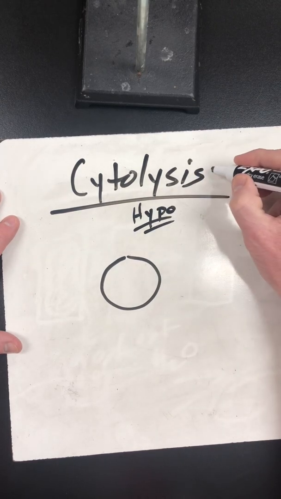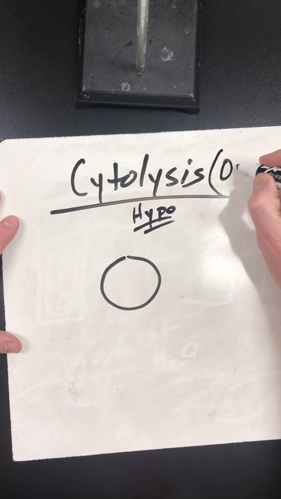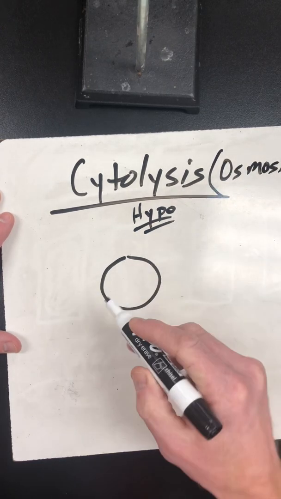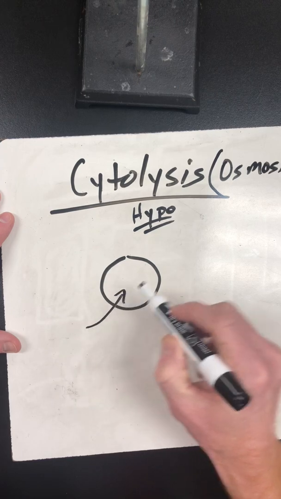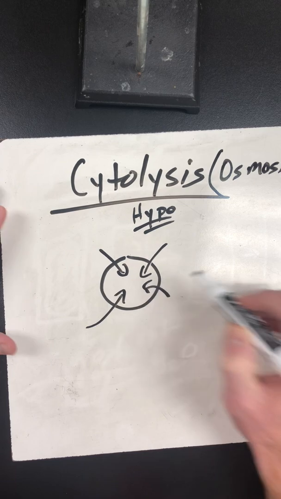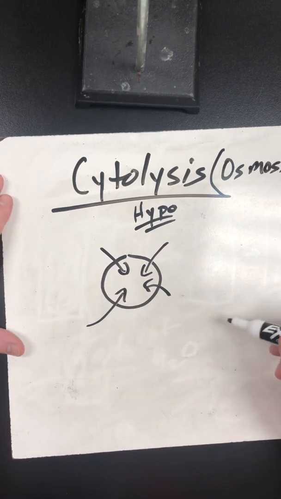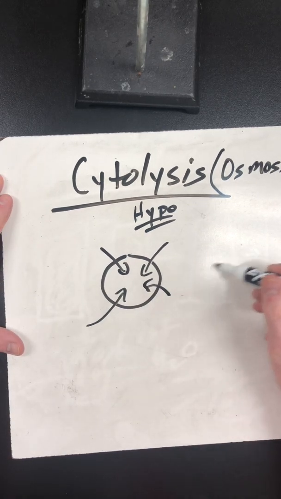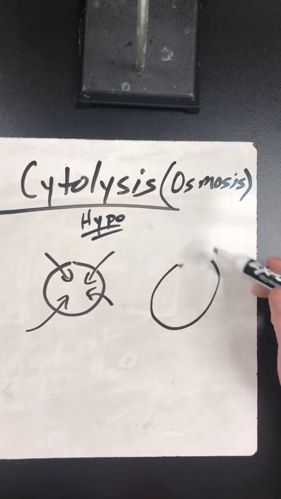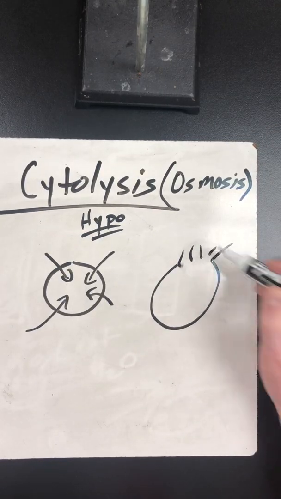And remember, cytolysis is a result of osmosis, so this is a type of passive transport, okay? If it's in a hypotonic environment, I surround it with water, water is gonna rush in from all directions. If this is not a plant cell, meaning it doesn't have a cell wall, this thing is gonna get bigger and bigger and bigger, and may eventually end up rupturing, okay?